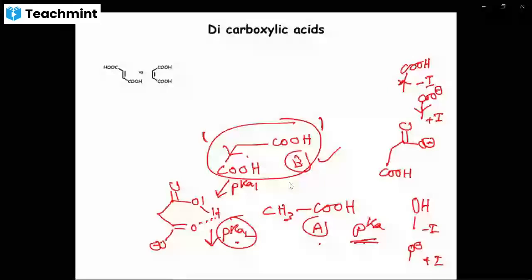Now, can you tell the name of these two, this A and B? Yes, this is maleic acid. And what about the comparison of pK1 of these two? For which one will the pK1 be higher? For A, pK1 will be higher. Why?